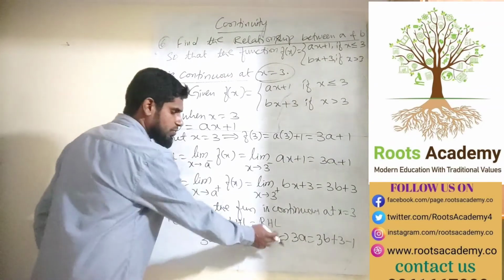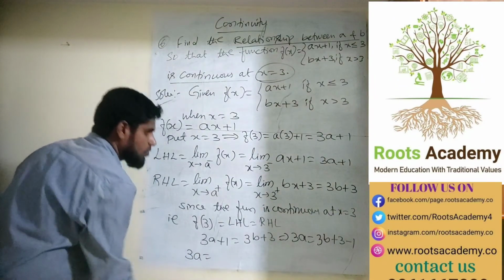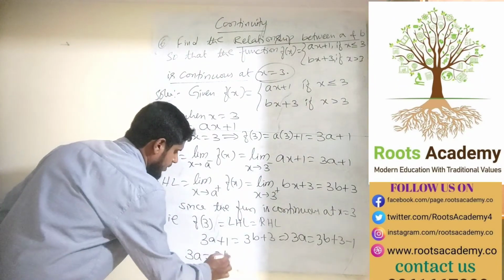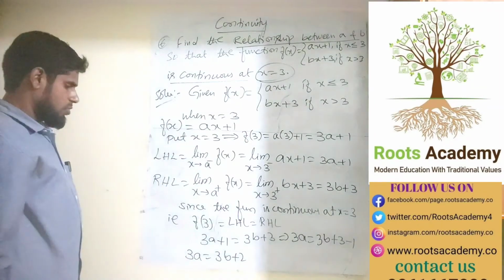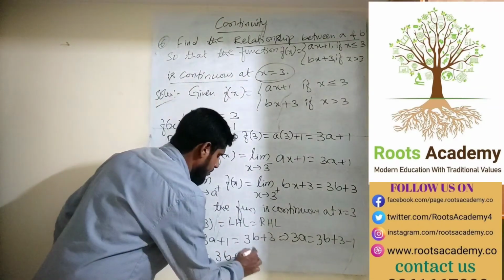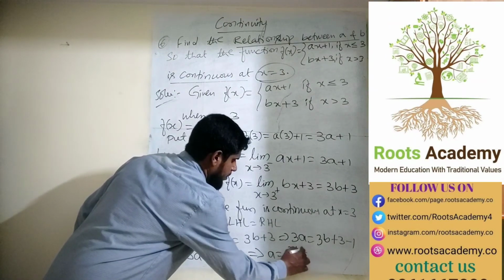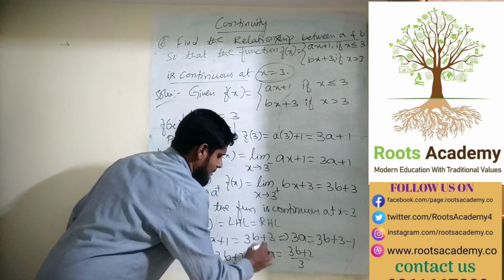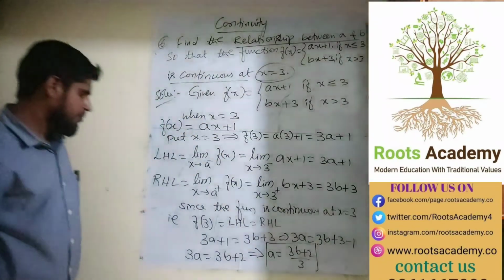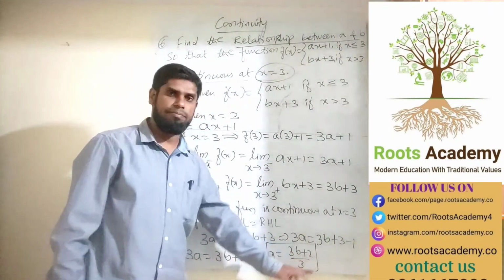So I shifted plus 1 to the other side. So my 3a equals 3b plus 2. So finally, my a value will be 3b plus 2 divided by 3. So students, this is the relation between a and b.